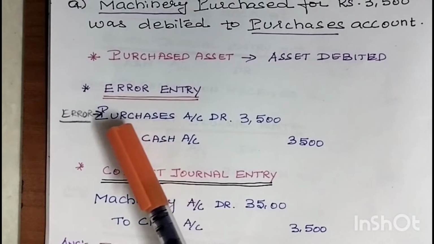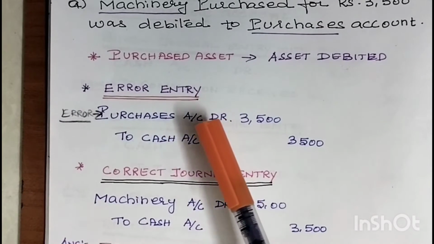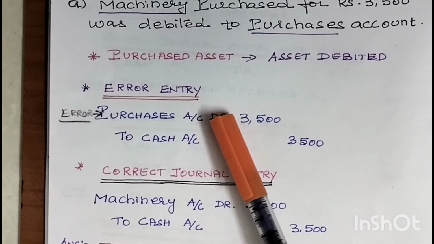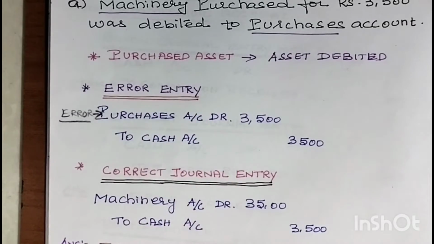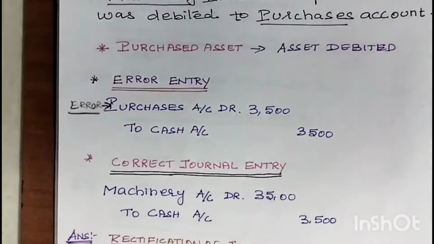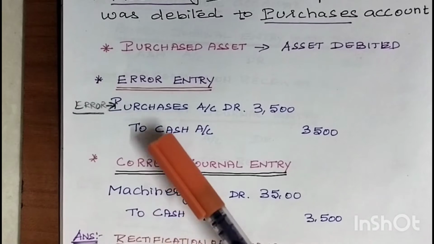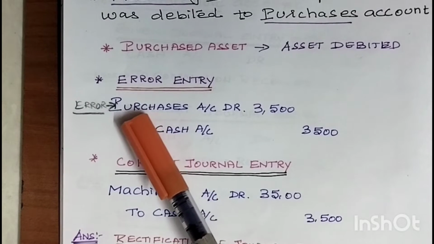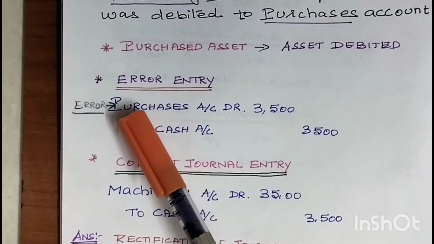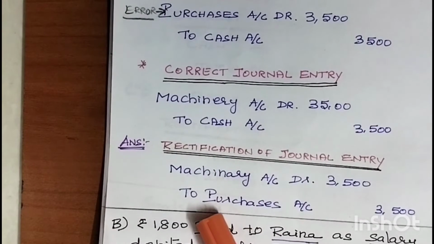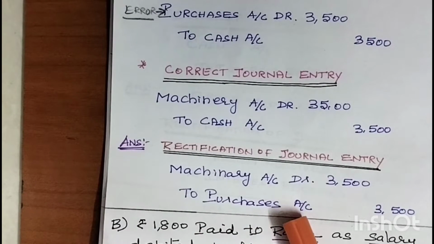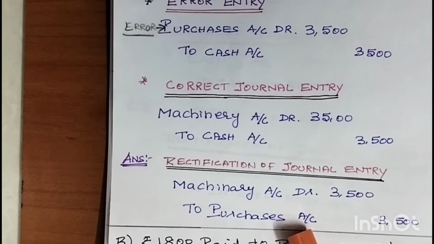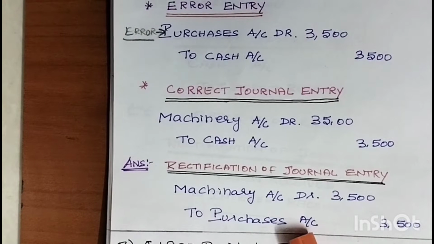Purchases account was debited, so we have to credit the purchases account. By crediting the purchases account only, the error will be rectified. Now the error is rectified.